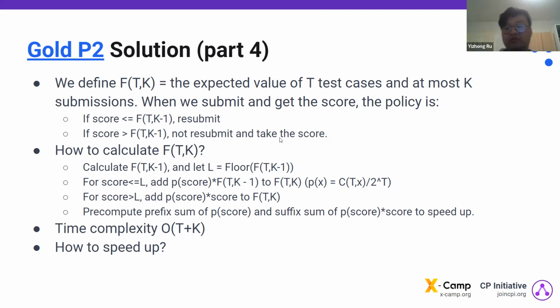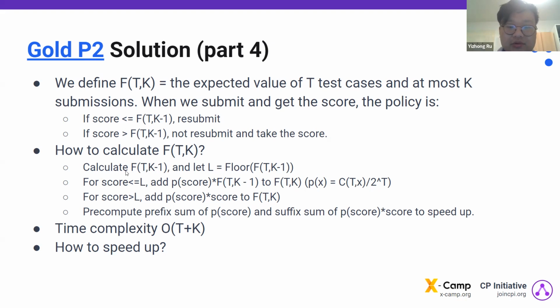So then we know the policy, right? This is the optimal policy. But once we know the policy, how do we calculate FTK? First, we need to check if the score is smaller or bigger than FTK minus 1, right? So first, we need to calculate FTK minus 1.